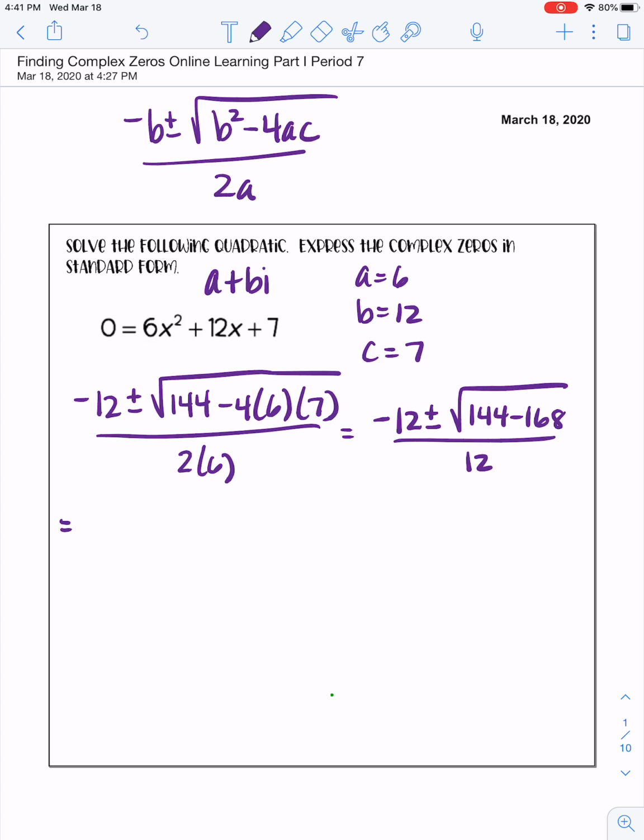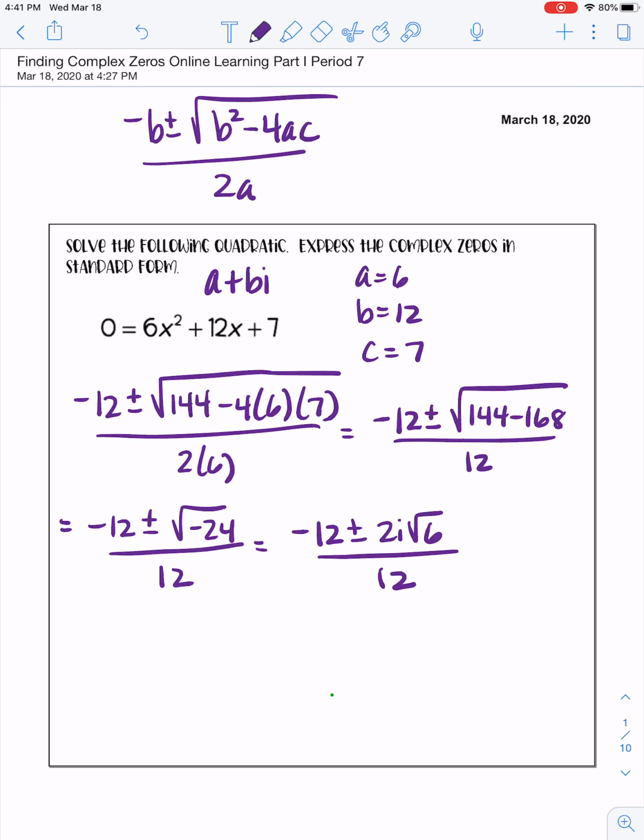And then we're going to get negative 12 plus or minus square root of negative 24 over 12. I can simplify the square root of negative 24 to 2i radical 6. And then finally I can simplify my answer to become negative 1 plus or minus i radical 6 over 6.